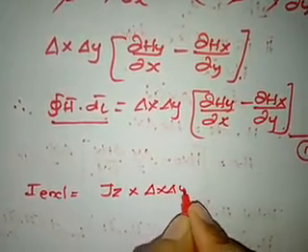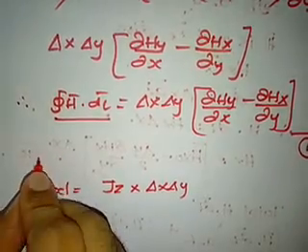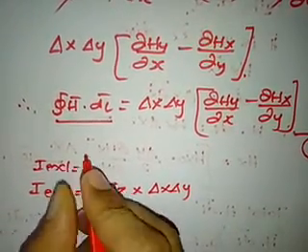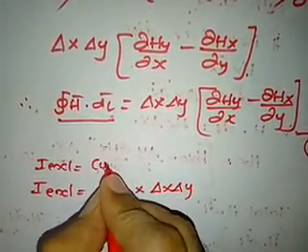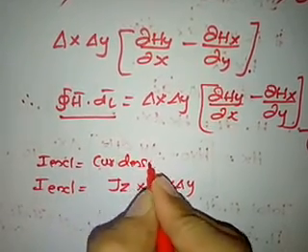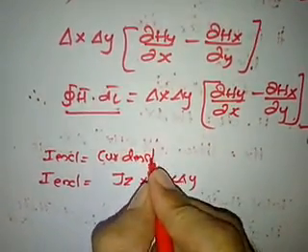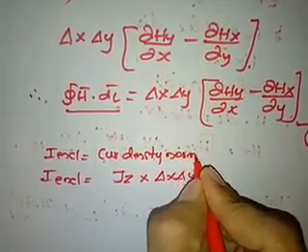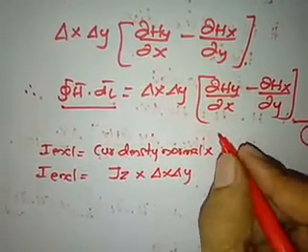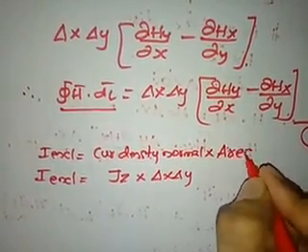So what is current enclosed? Current enclosed is equal to current density normal to the closed path, multiplied by the area of the closed path.